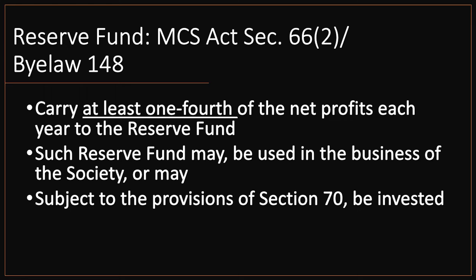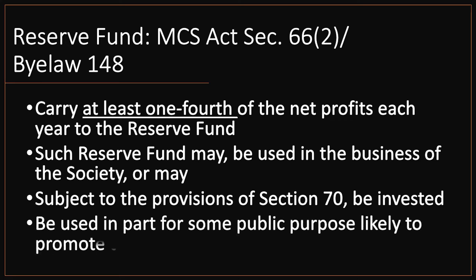You can't invest, for example, in racehorses, but there are certain areas where you are allowed to invest, and that is defined in the Act in Section 70. So that is all there is about the reserve fund.